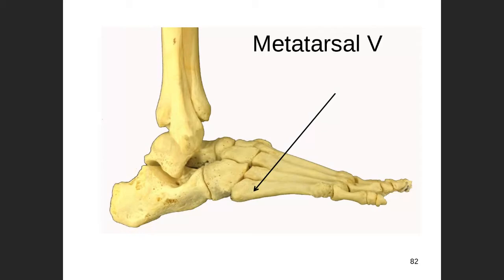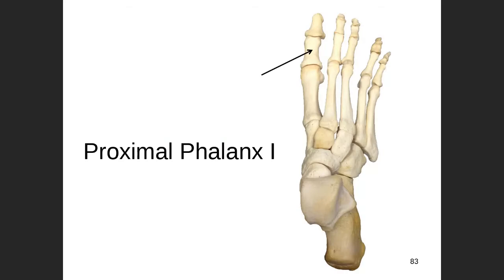Now, I'm not going to go through every single phalanx because I didn't do it for the hand, and I won't do it here. I'll let you folks do that on your own, but we'll hit the major ones. Proximal phalanx 1. Okay, then you'll see proximal phalanx 2.